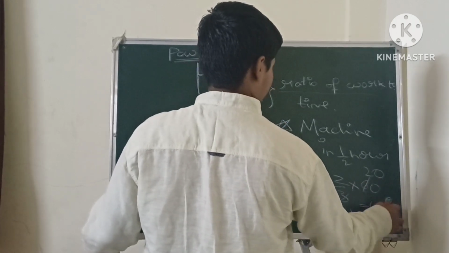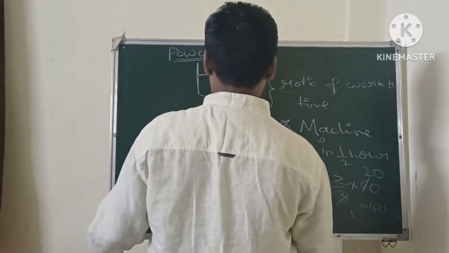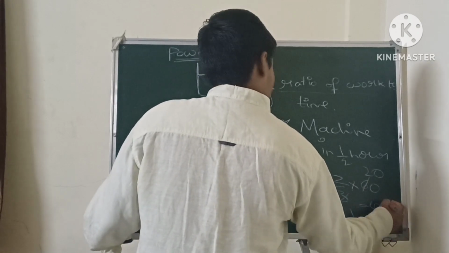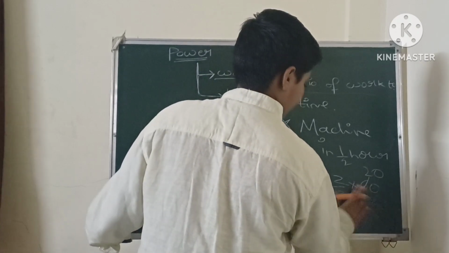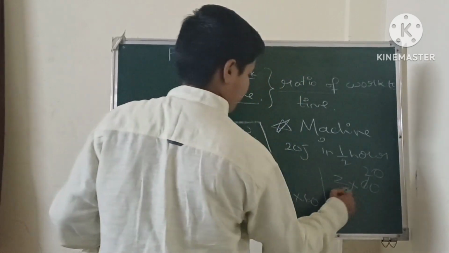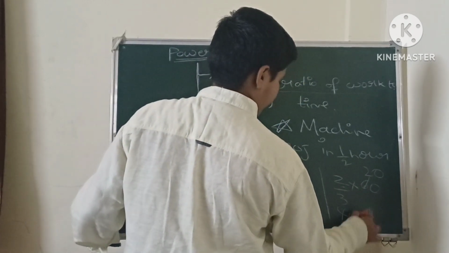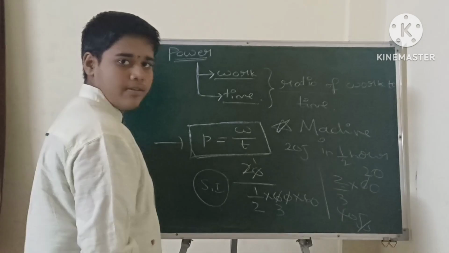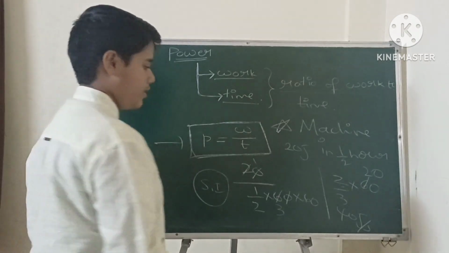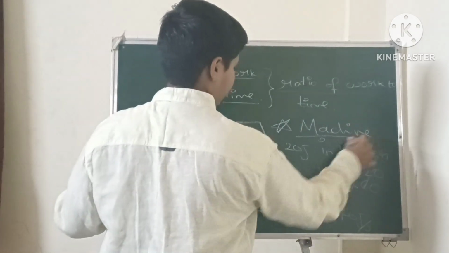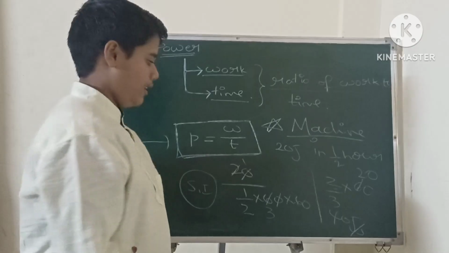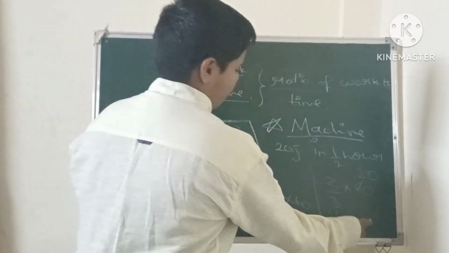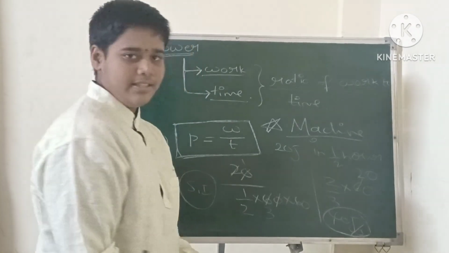So 40 joules per second. How much work is done? The machine does 20 joules in half an hour, and here by the machine 40 joules per second is the work.